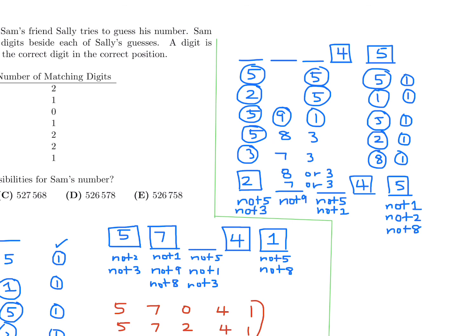Well, the only way this can work is if this third digit is a 3. And therefore, that second digit is open to be several choices, but the only thing it cannot be is a 7 or an 8.